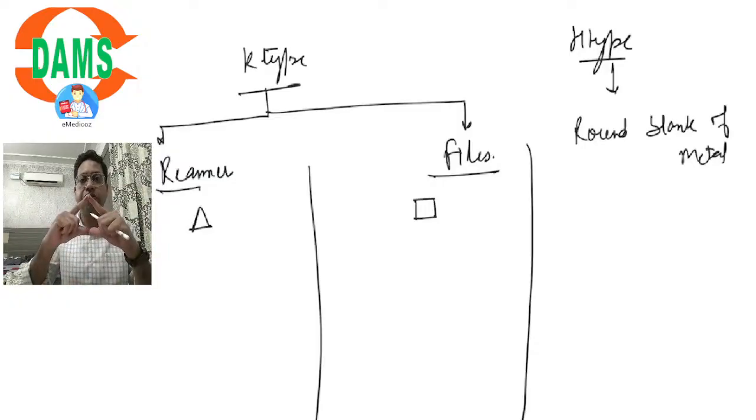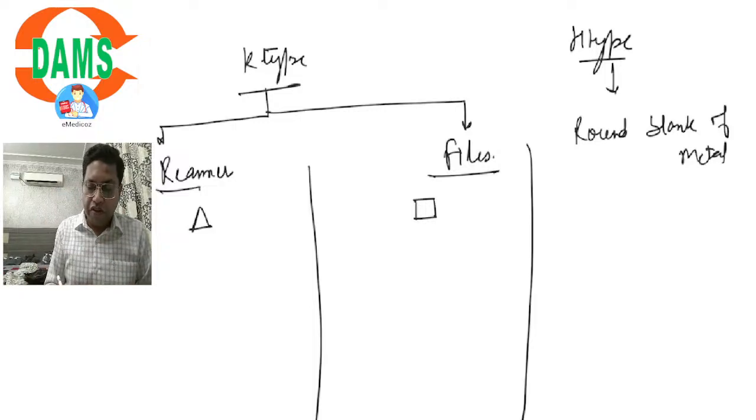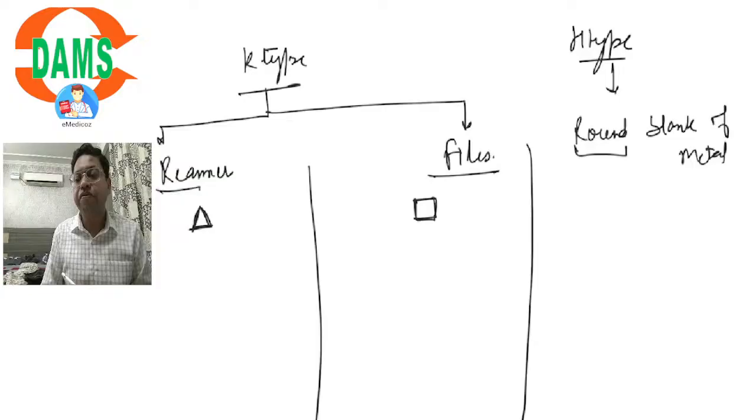It can be triangular, square, or round in cross section. So the instrument that we get from a triangular blank is a reamer, from a square blank, files, and from a round blank we get H-type instruments.